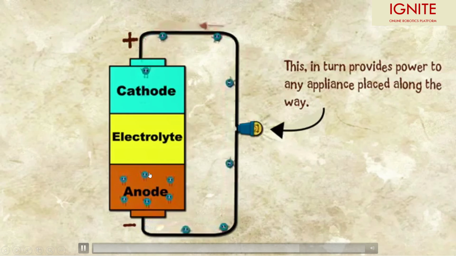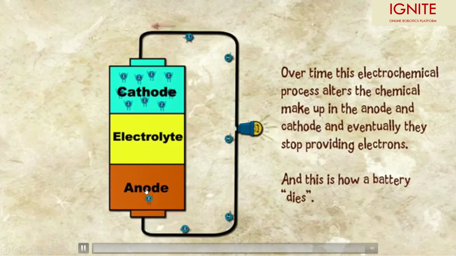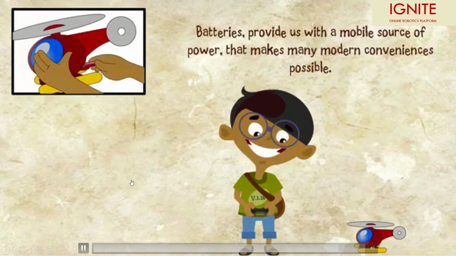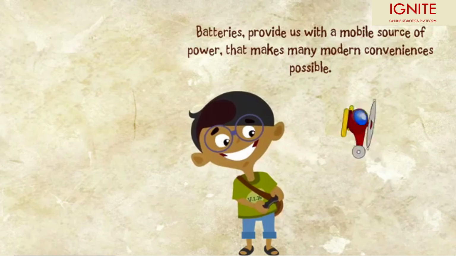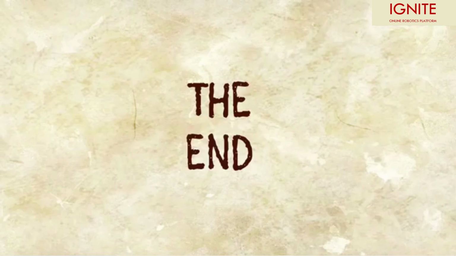In this way they try to balance the electrons, and when there are no electrons available, we say the battery dies. The battery is over, and we need to replace the battery in the remote. Whenever we say that, it means no electrons are available in the anode. That way a battery provides us a mobile source of power by which we can use our toys and everything. So this is how a battery works.